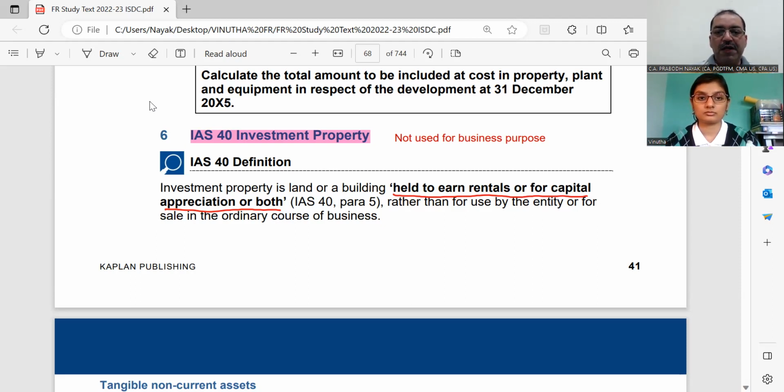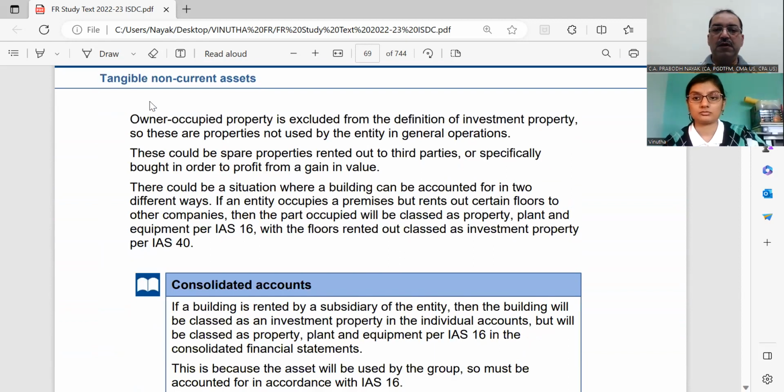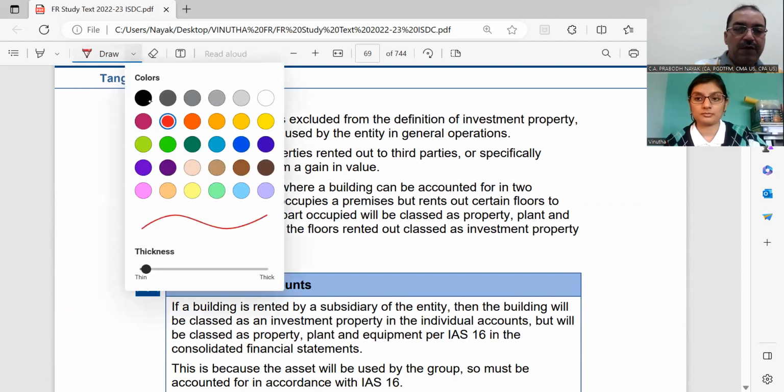So investment property is land or building which is held to earn rentals or for capital appreciation or both, rather than for use by the entity or for sale in the ordinary course of business. Owner occupied property is excluded. You can see that they are specifically mentioned.